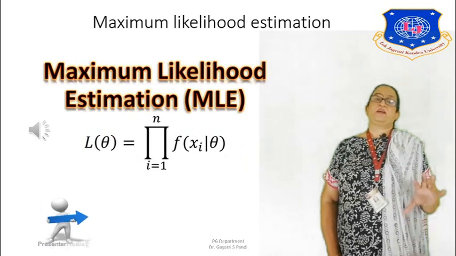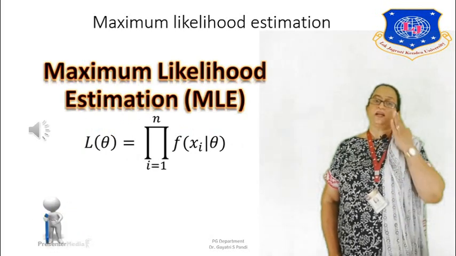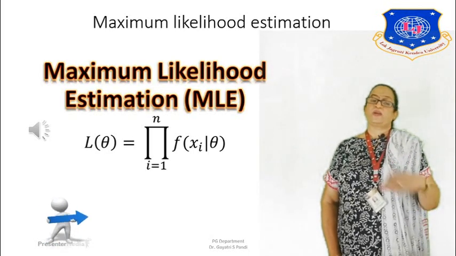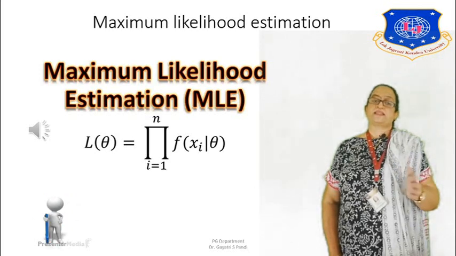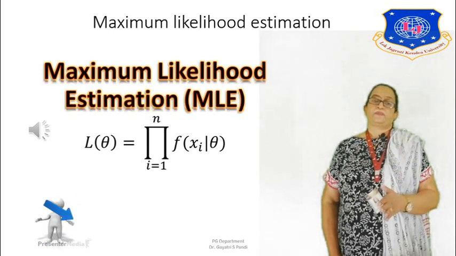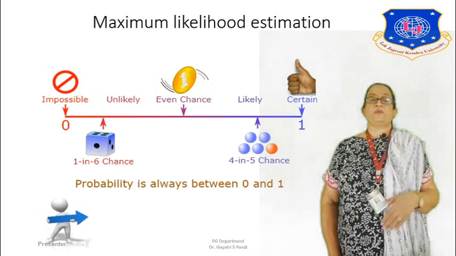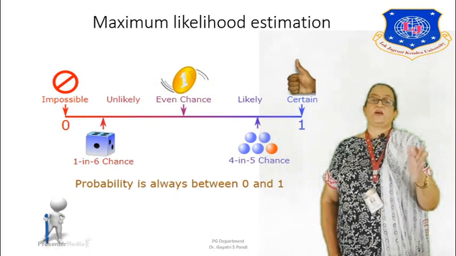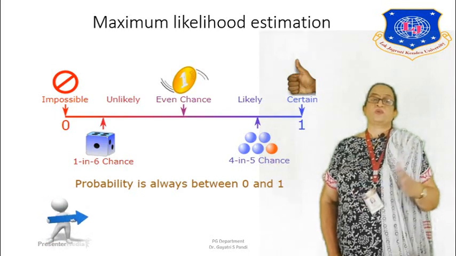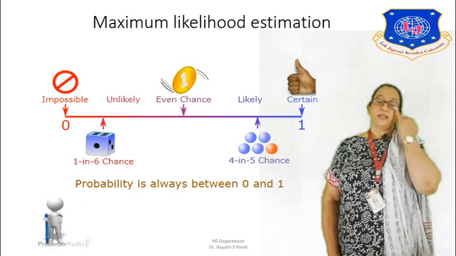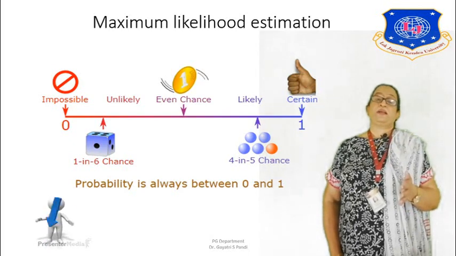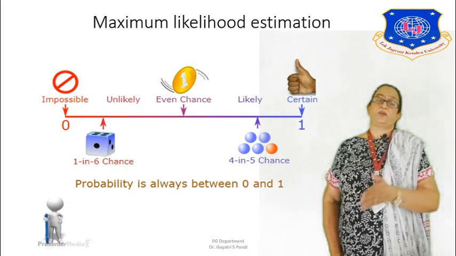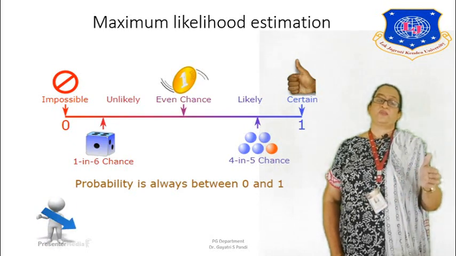This is how maximum likelihood estimation is represented: L of theta equals the product over i from 1 to n of f of x_i given theta. The probability here is always between 0 and 1. 0 represents impossible things which would never happen, and 1 represents certain things which would surely happen. There are various things in between with values ranging from 0 to 1.